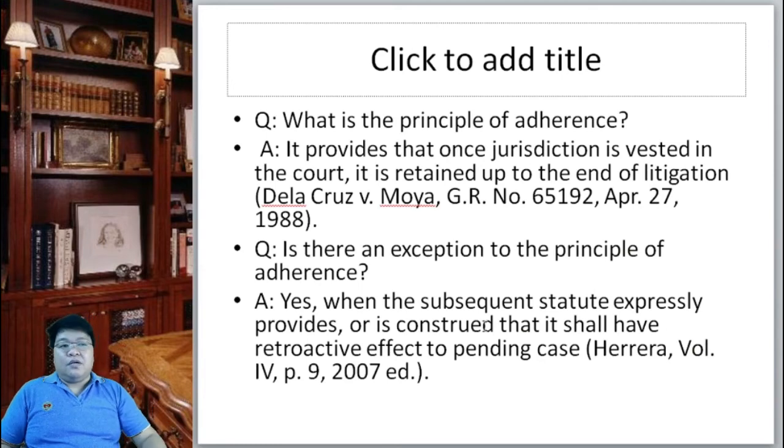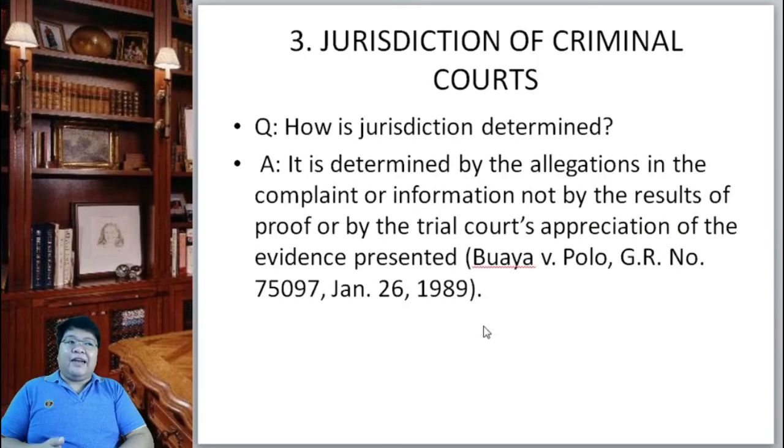So, let's simplify this. Jurisdiction of criminal courts. Six, what is the magic number? It's 6 years. Sir, what is 6 years? Now, if the penalty of imprisonment is 6 years and 1 day or more, that is within the jurisdiction of the regional trial court.